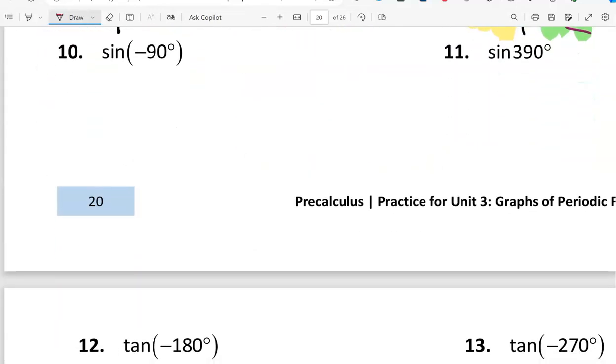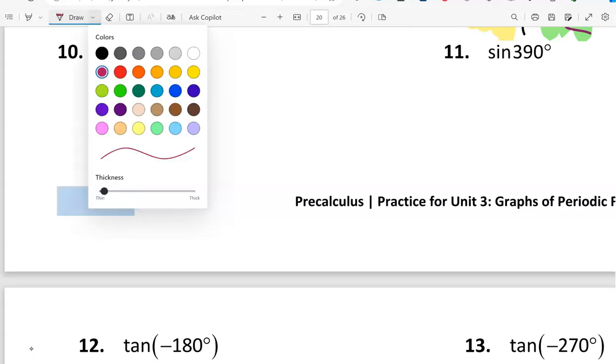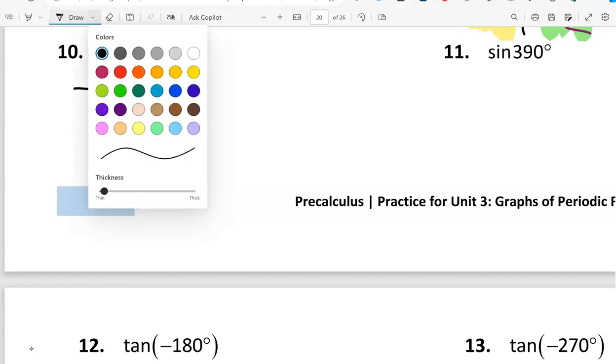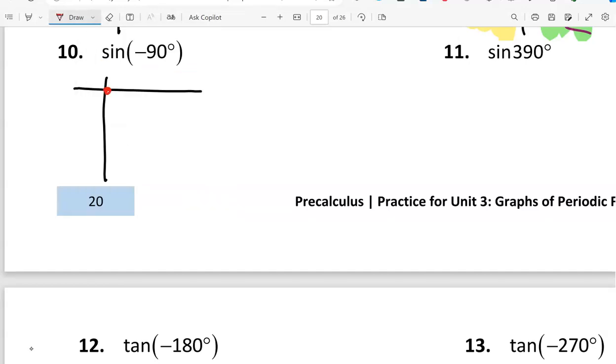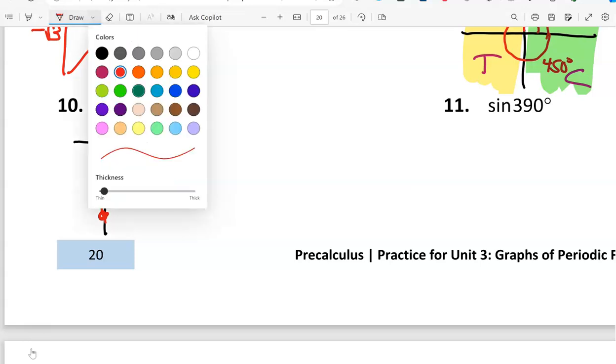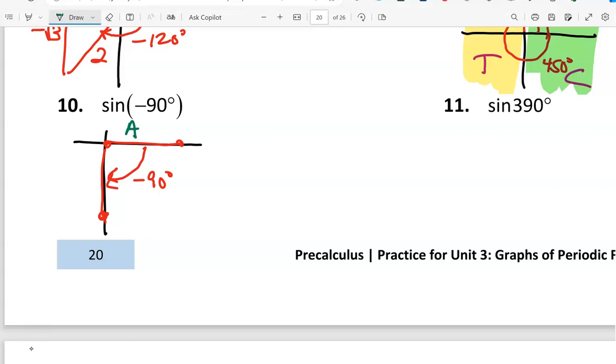For number 10, sine of negative 90, we can draw a negative 90 degree angle, which is one that rotates from the positive x-axis clockwise 90 degrees. And so that's also at a quadrantal angle. Let's think about what we know about sine, all smart trig classes.